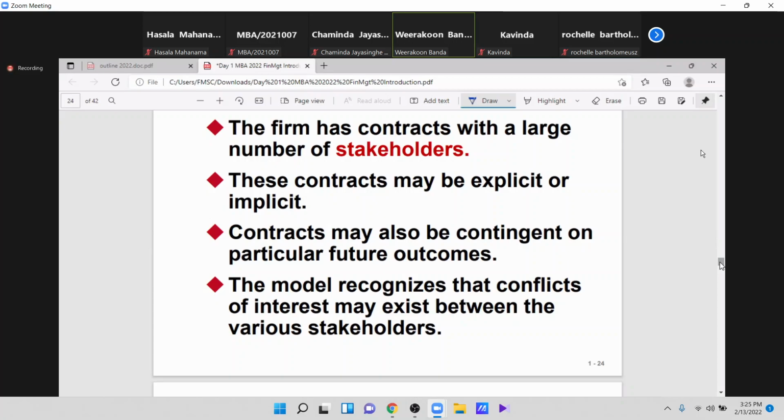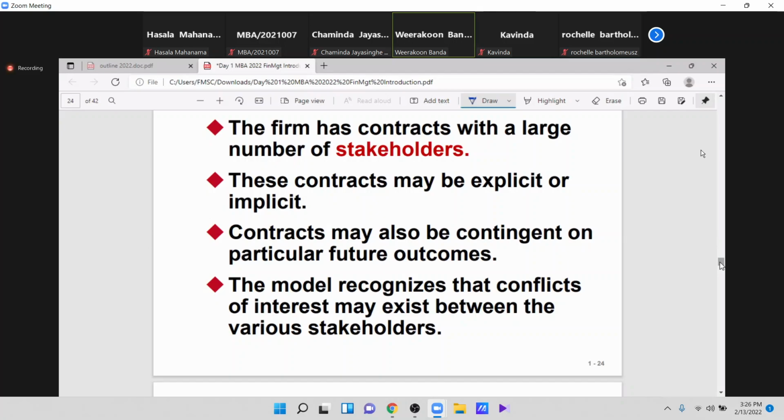Between the customers and the company, not directly. But what will happen if you don't satisfy our customers? If we're not providing our goods and services to the customers regularly, what will happen? Can we maintain our place in the market? We can't. So we have to think of that. Some contracts may be explicit, direct or indirect.